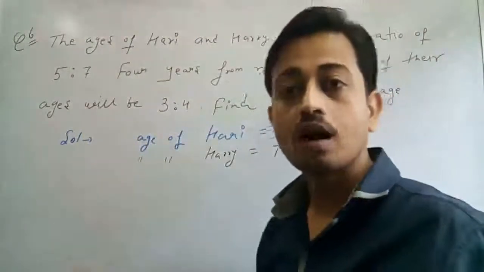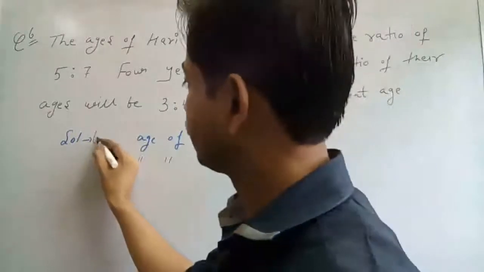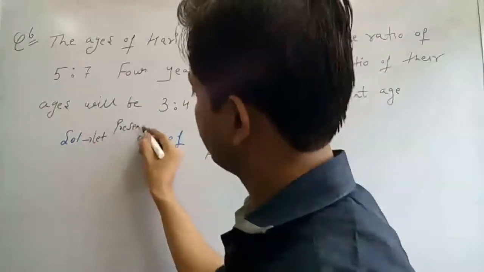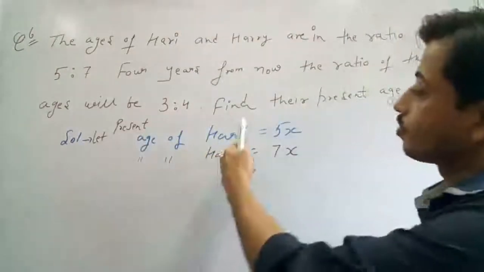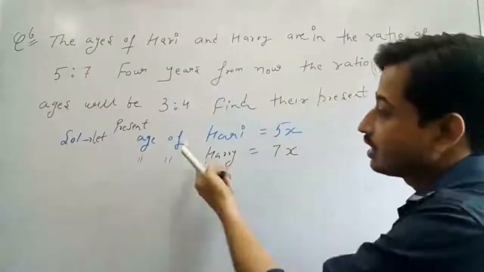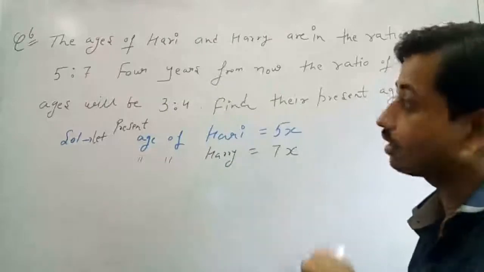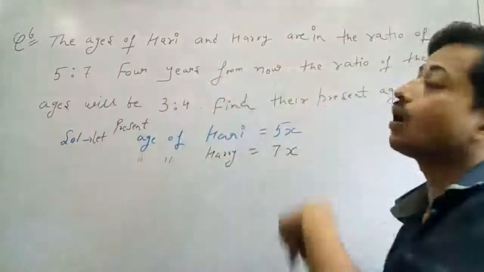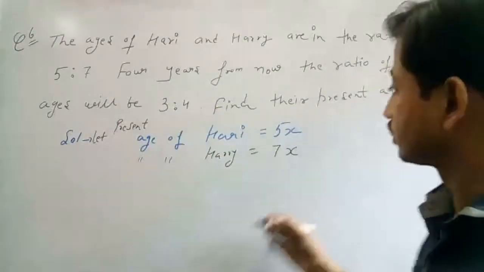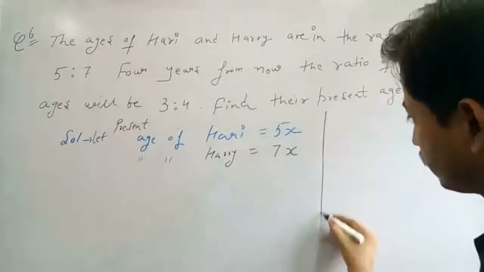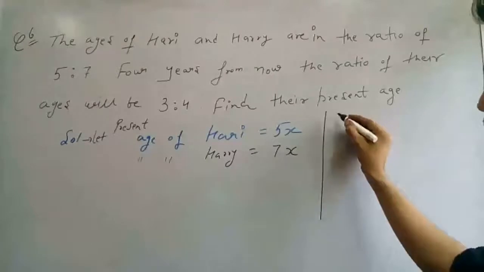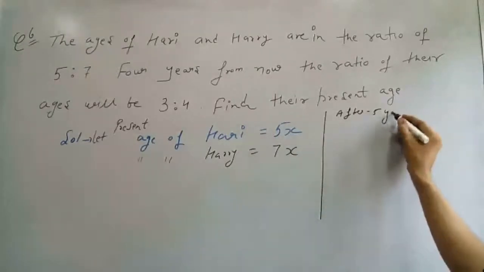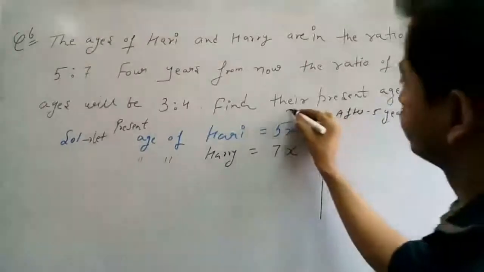I am talking about present age. Let present age of Hari be 5x and present age of Harry be 7x. Now read the statement: 4 years from now, it means after 4 years.